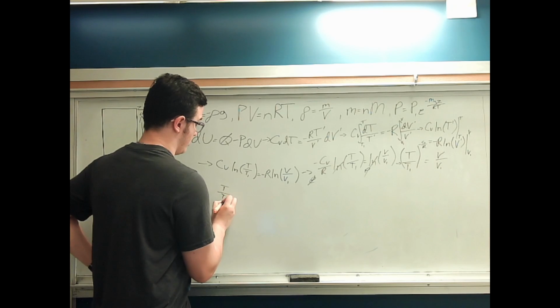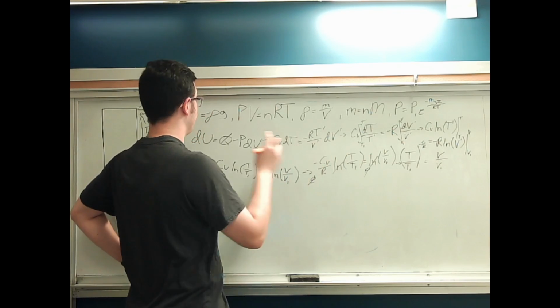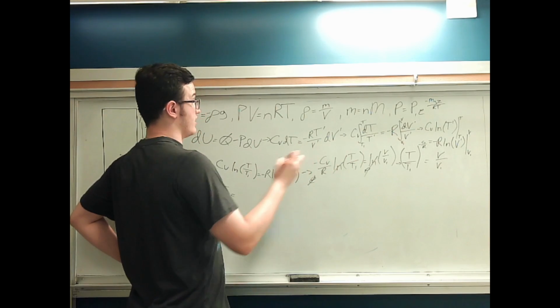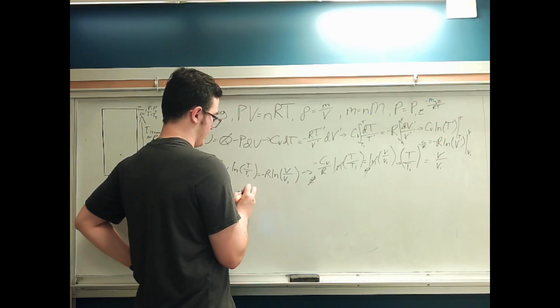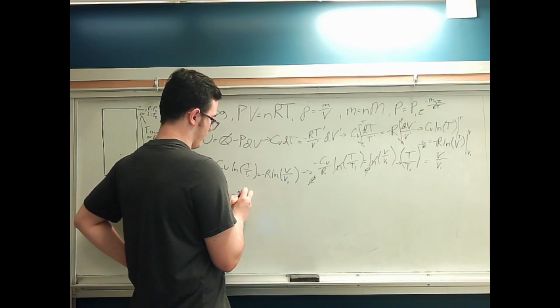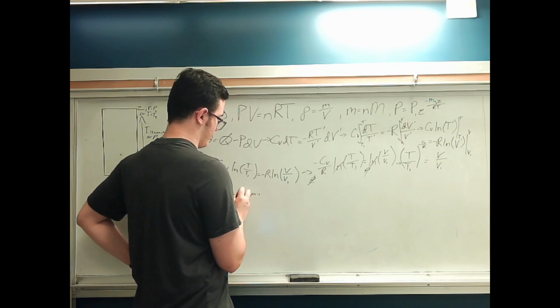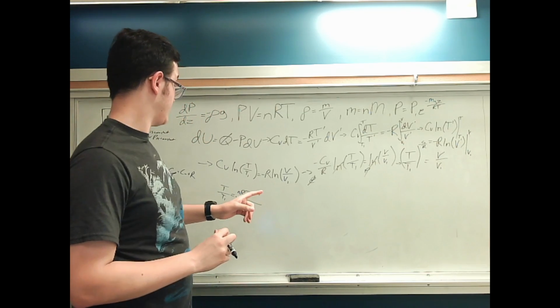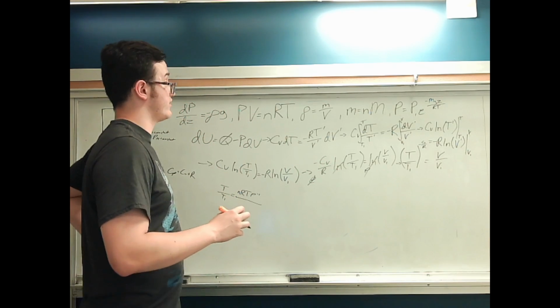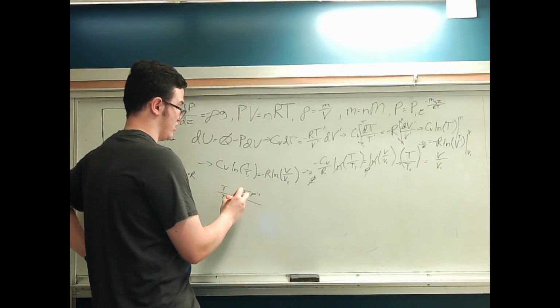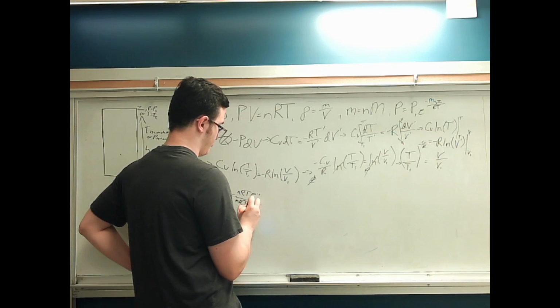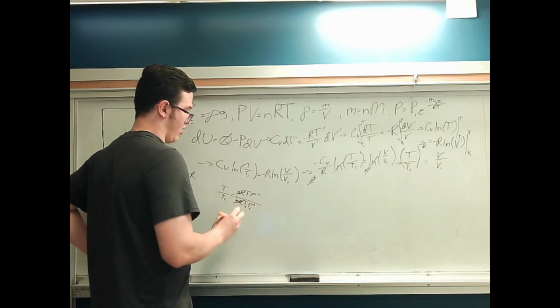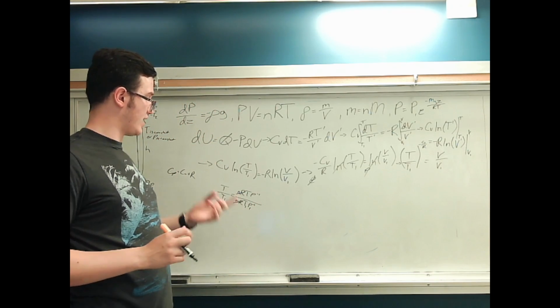T over T1 is equal to V on top, so nRT over P, we'll call this P, to the -1. And then V1 is equal to nRT1 over P1, to the -1. And R and n are the constants, so they stay the same.